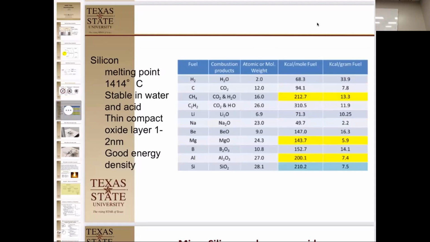Aluminum forms a 20 nanometer oxide layer within hours of being exposed. So if you have an 80 nanometer aluminum particle and it has a 20 nanometer shell on it, you just destroyed 45% of your burnable material. If you have an 80 nanometer particle of silicon, and you have a 1 nanometer shell, you have 98% of your combustible material, and they have about the same energy density. So silicon actually turns out to be a really good choice for using it as a metal fuel.